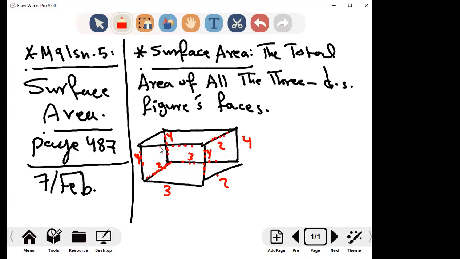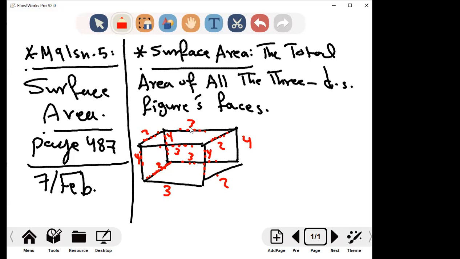This line here 3. This line here 2. This line here 3. So I know all the dimensions, right? For each face, I know the length and the width. Each face is a rectangle, and we know how to find the area of the rectangle, which is length multiply width.